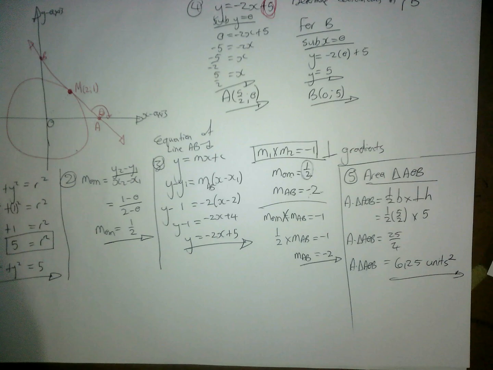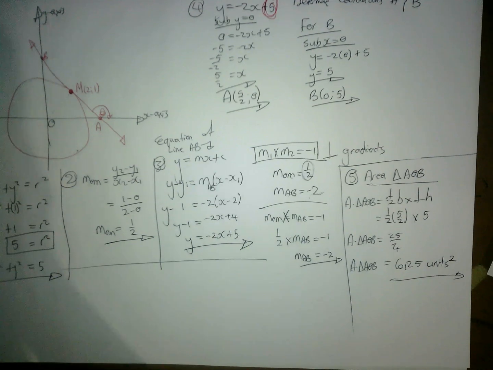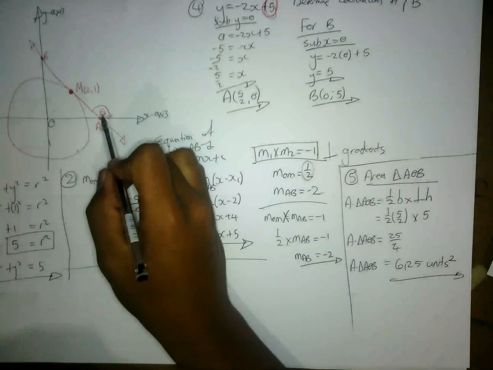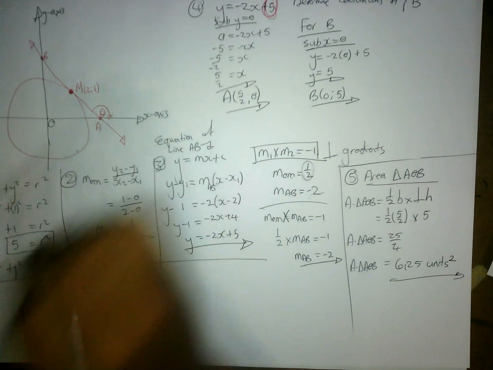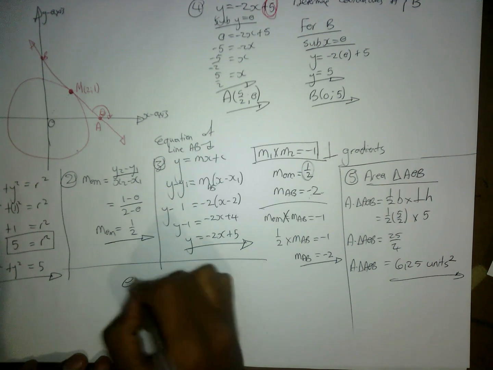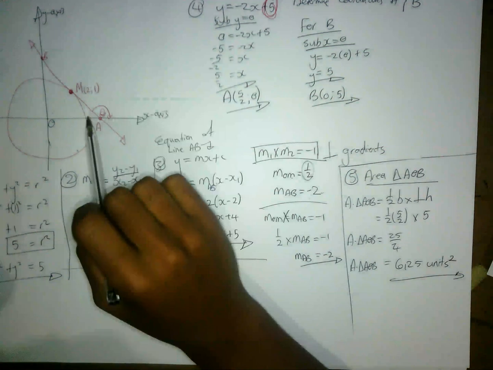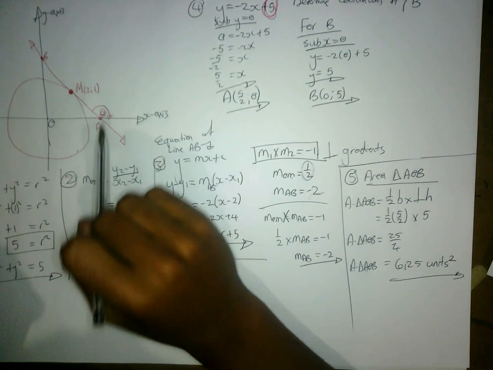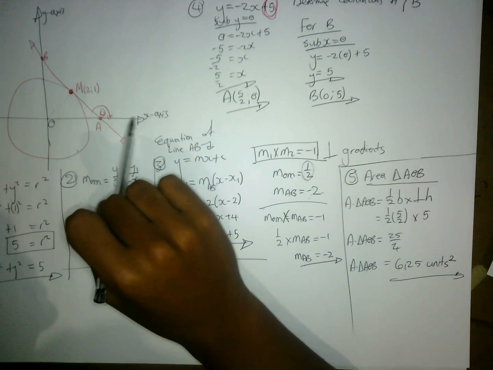For this next one, they are saying determine the size of theta, the angle of inclination. If you observe what you can see, this is the obtuse angle.